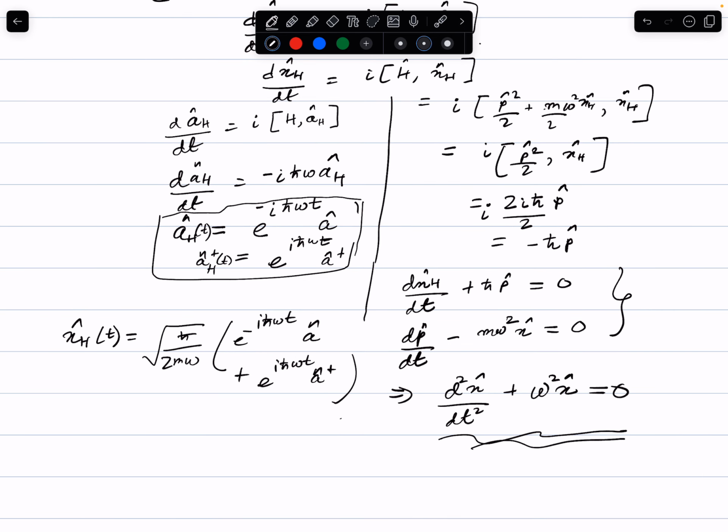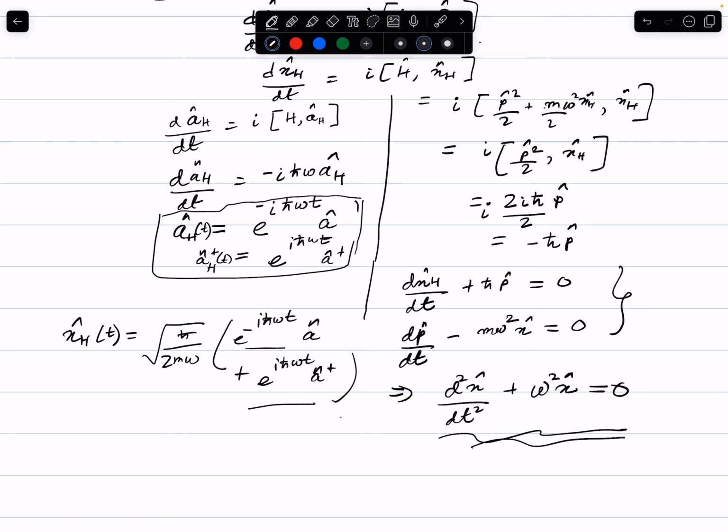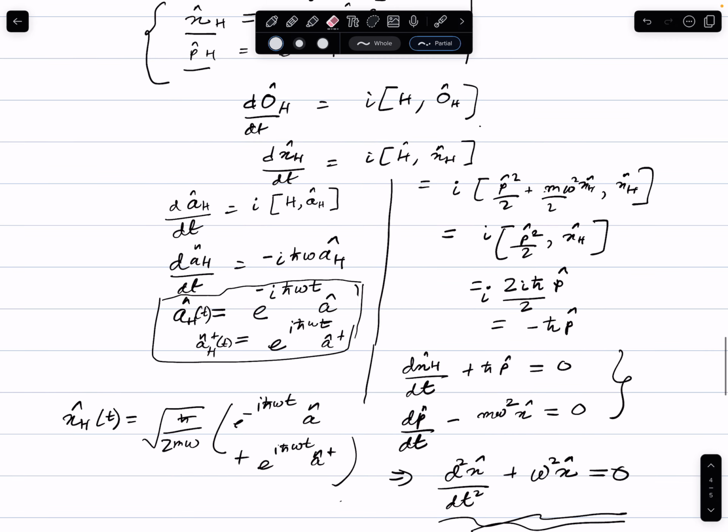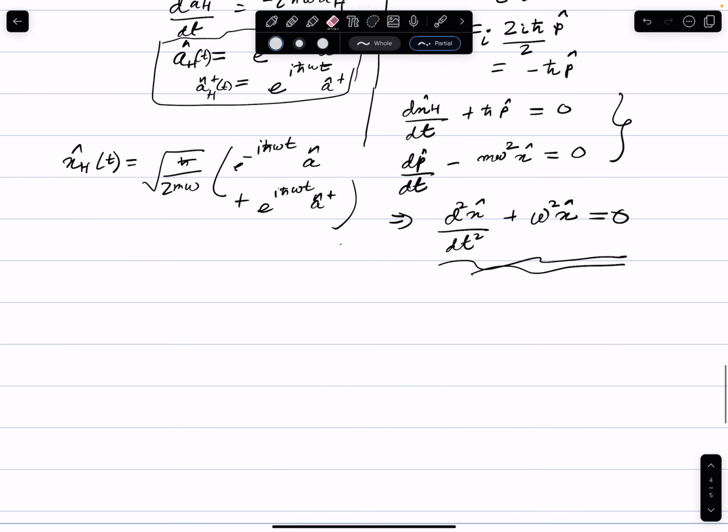There's a h bar here, which maybe should not be here, because I think there's a 1 by i. It's probably i by h bar over here. I have to check, and if so, this h bar should get cancelled. So this h bar persisting, I'll check. But the form is the same, and this is how the thing looks like in Heisenberg picture.